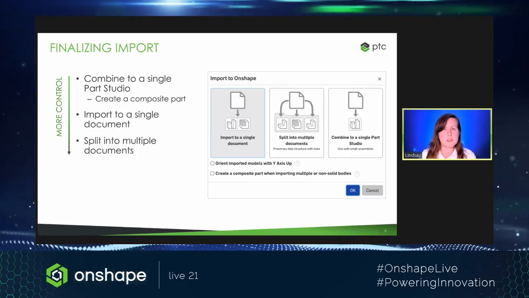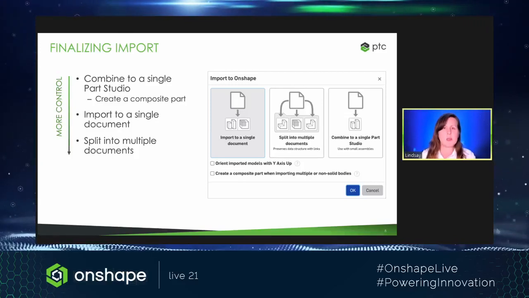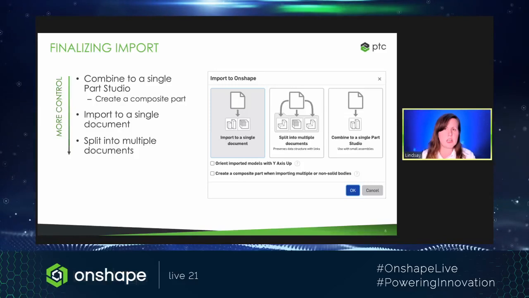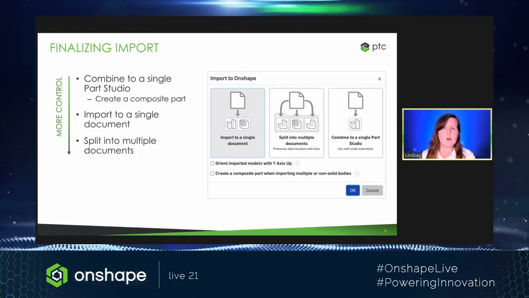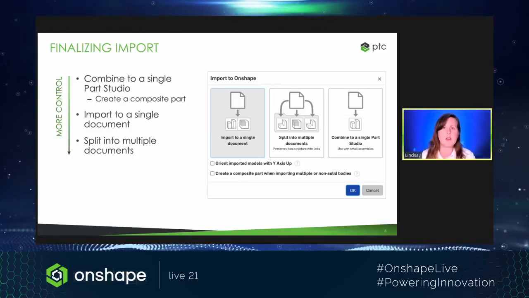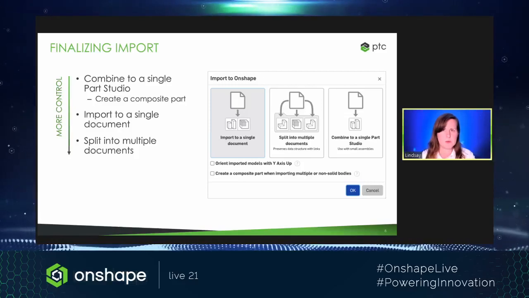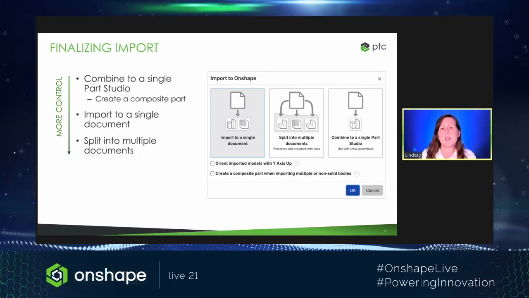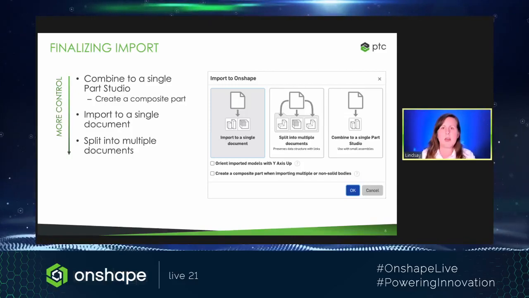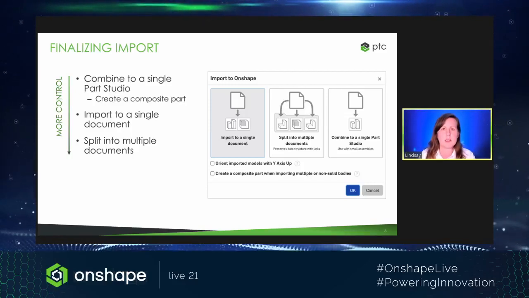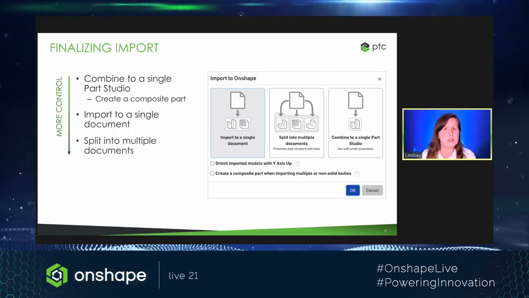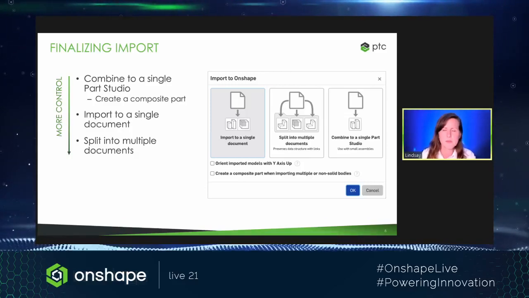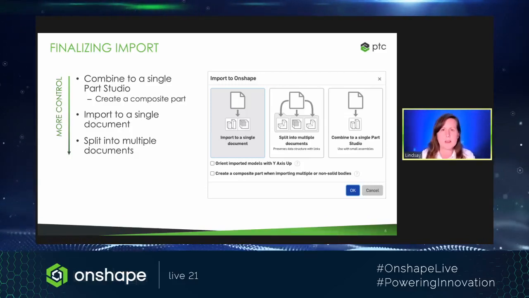But when you choose split into multiple documents, it's going to create a single document for each one of those files. So a part is going to have its own document, an assembly is going to have its own document. This gives you the most control. But I do recommend that if you use this method, you go ahead and try to combine documents where it makes sense, like put all the parts for the subassembly in that subassembly document. And I'll show you what I mean by that shortly.